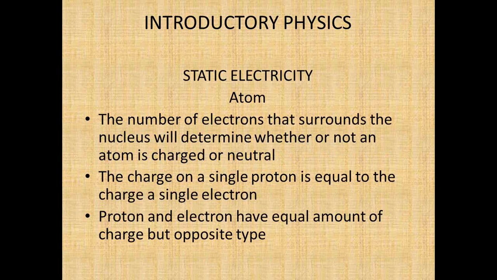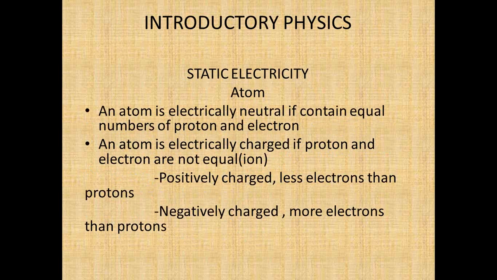Okay? So a proton and an electron have an equal amount of charge, but opposite in type. Remember that the protons are positive, electrons are negative. The only thing you can essentially move in an atom is the electrons. All right. So we say an atom is electrically neutral if it contains equal numbers of protons and electrons, because they usually have the same amount of charge, but they are opposite in sign.